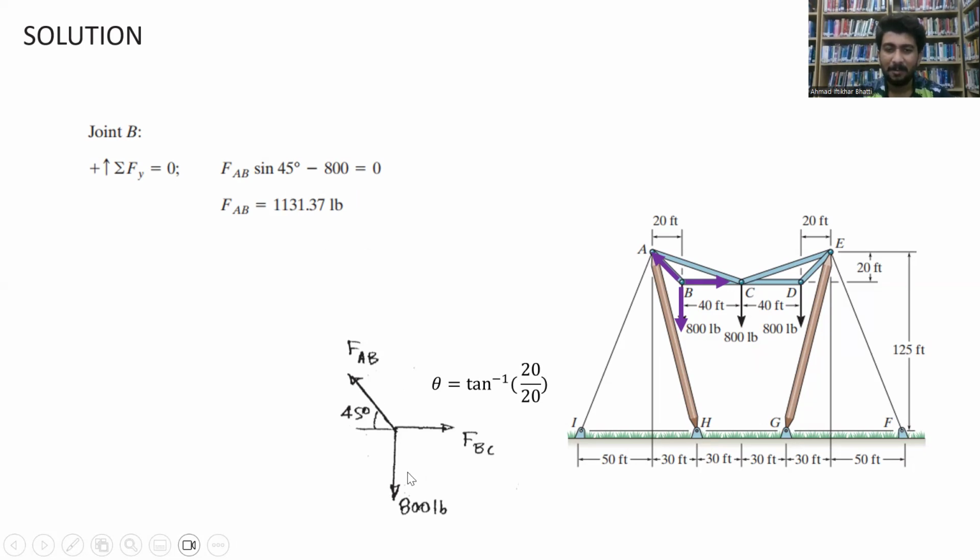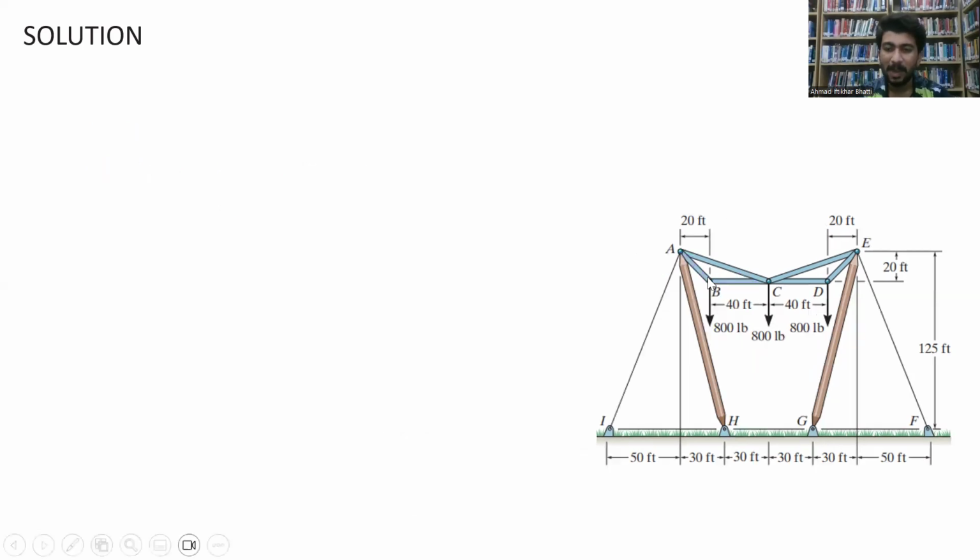And we have a vertical downward force, which is negative 800 pounds. So the force in member AB is about 1,131.37 pounds.